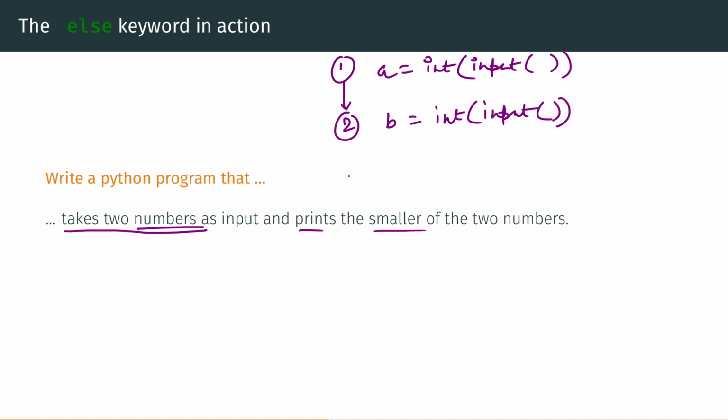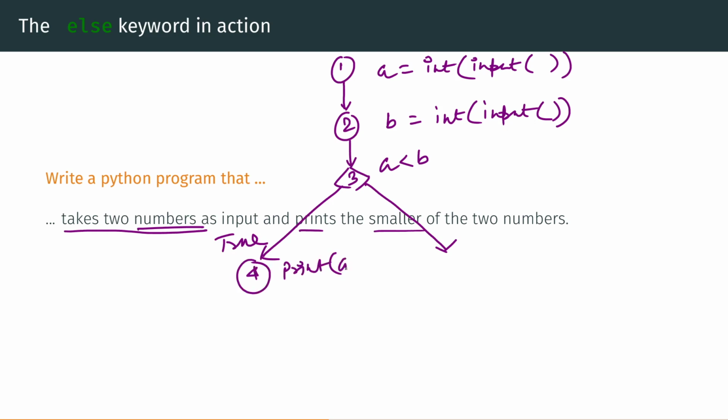So the decision I want to take is number three, and the decision is a less than b. That's the condition. If the condition is true, I print a.